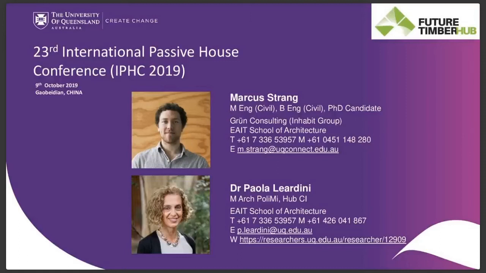That looks to be the optimum solution in Brisbane and a subtropical climate with not as high ambient relative humidity conditions as, say, Cairns or Darwin, where the CLT is able to dry out a bit faster. However, in Darwin conditions, it looks like we want to keep the CLT on the outside to try and reduce the amount of moisture that's diffusing inwards.